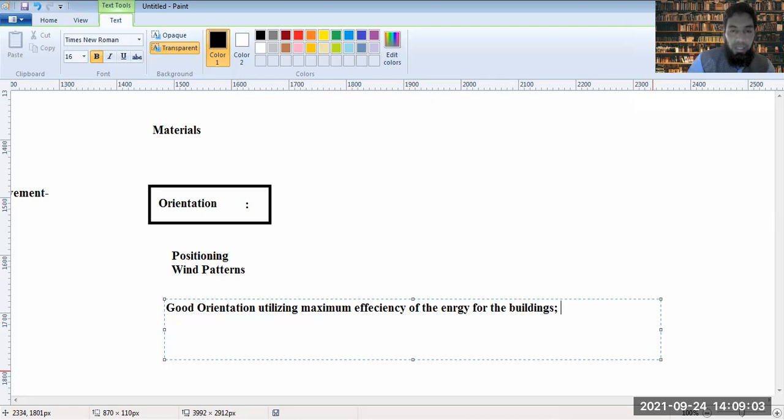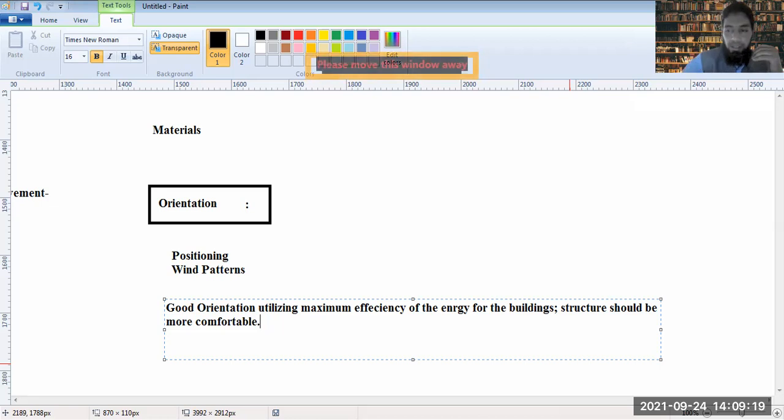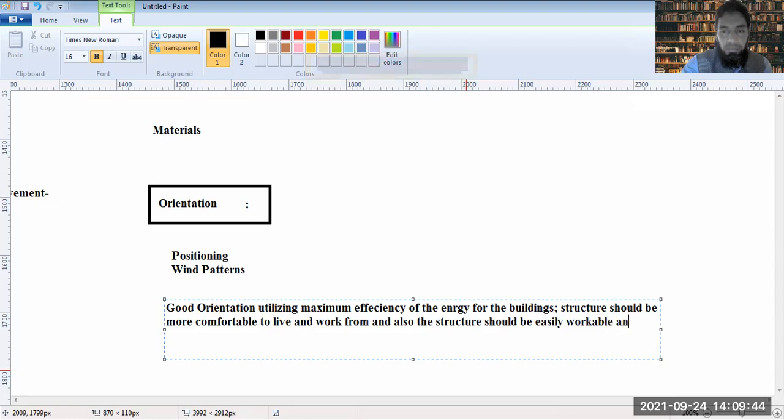You want the structure to be more comfortable, more comfortable to live and work in, and also the structure should be easily workable, to run or to operate.